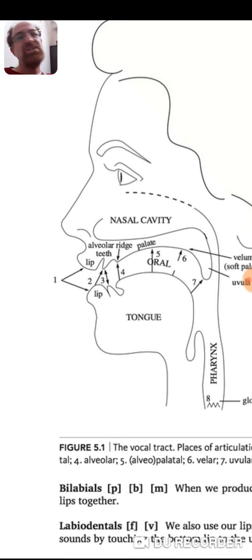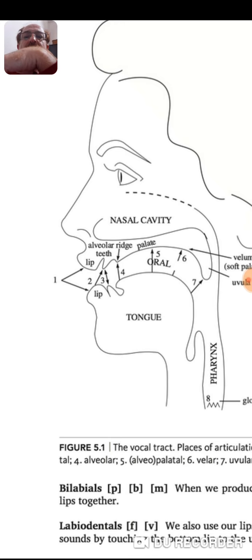The palate is the roof of the mouth. We call it the palate. It's number 5. What is number 6? Number 6 is the back of your tongue.